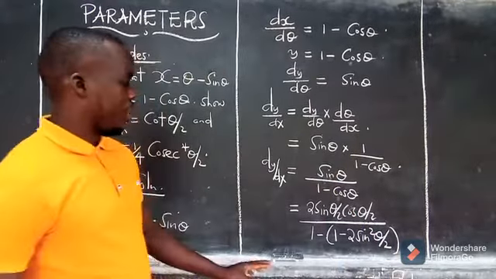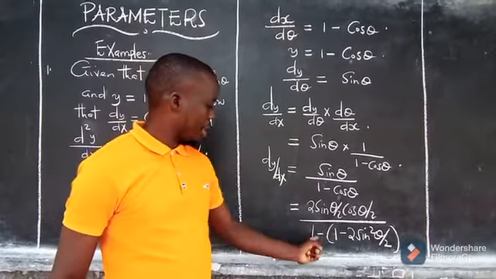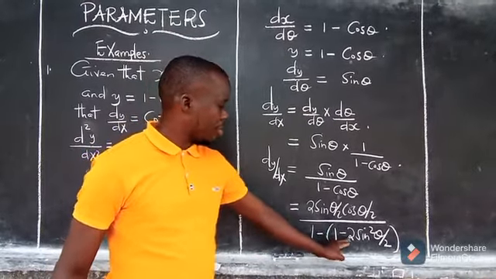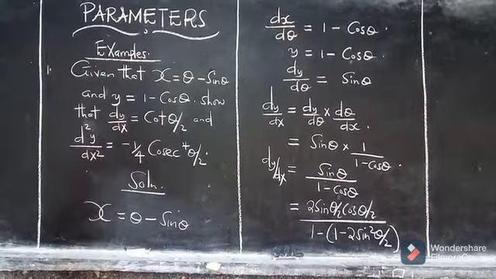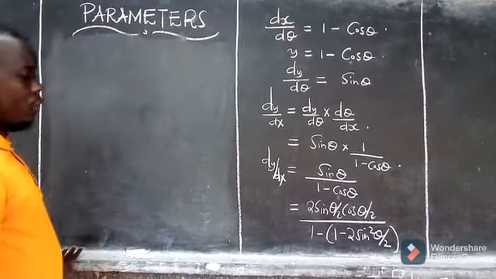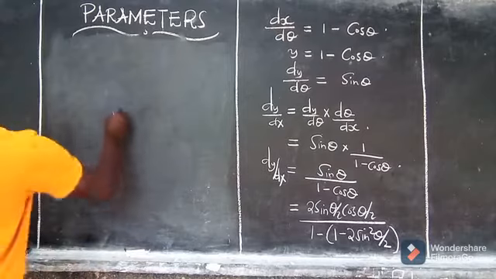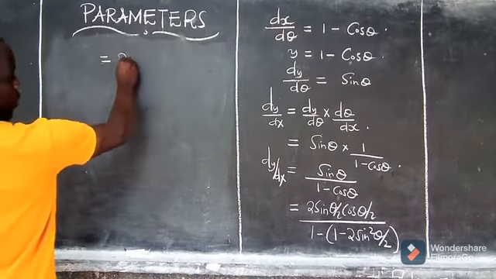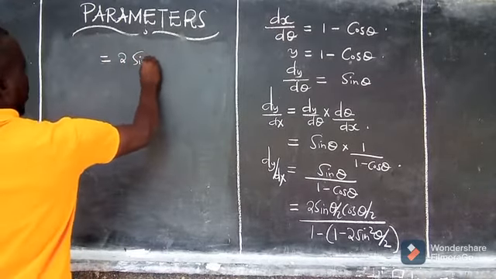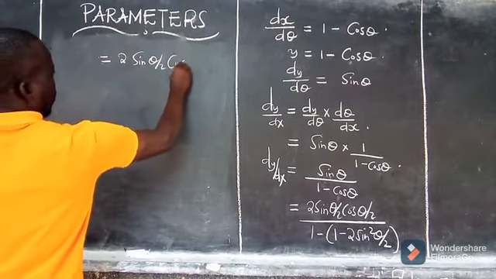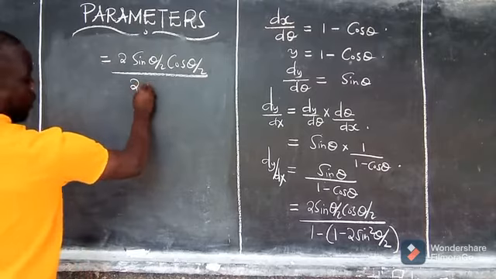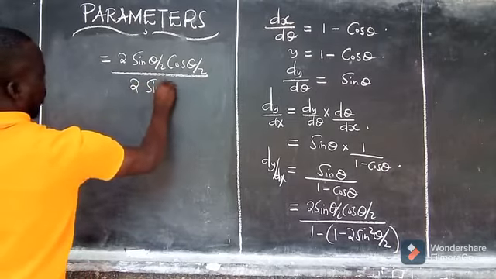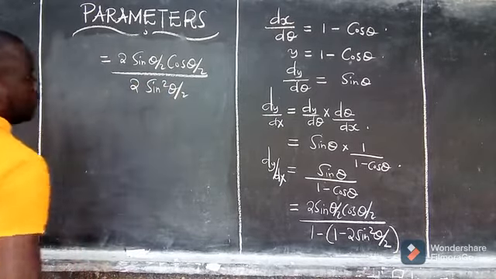Then from there we can do the simplification. Open the bracket, the 1 will cancel, and this becomes a positive. So we shall have 2 sine theta out of 2 cos theta out of 2 divided by 2 sine squared theta out of 2.